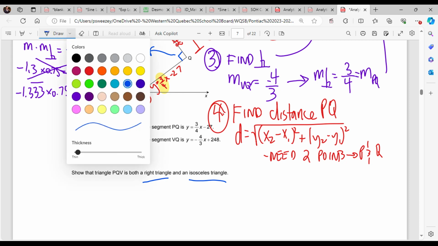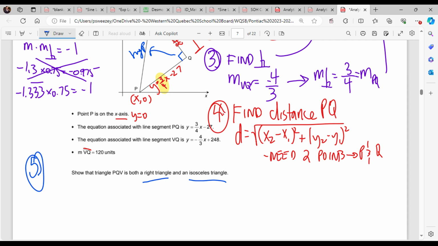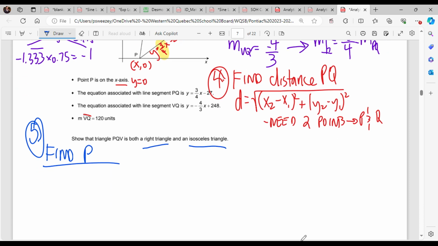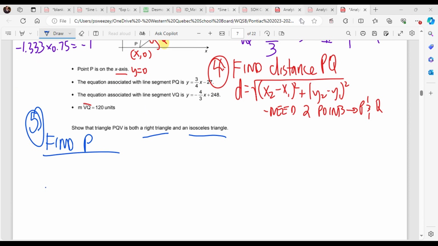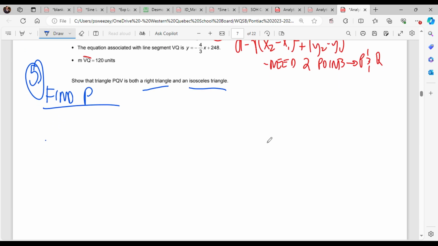So let's go to the 5th step, and actually let's find P first. And literally, I'm going to pause this and I want you to try finding that guy on your own right now with the information provided. To give you a little bit of a hint, what I would do is, hold on.